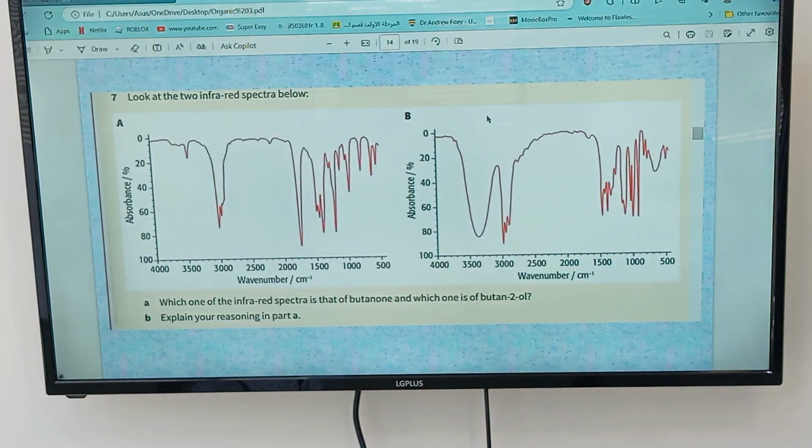Look at that. This butanol, it's alcohol. That's this wave.